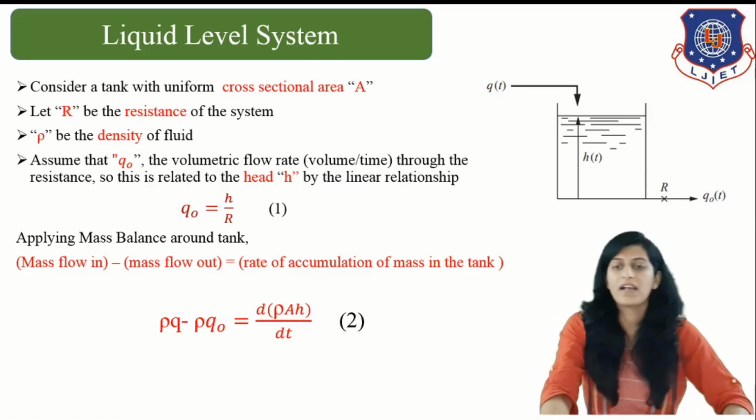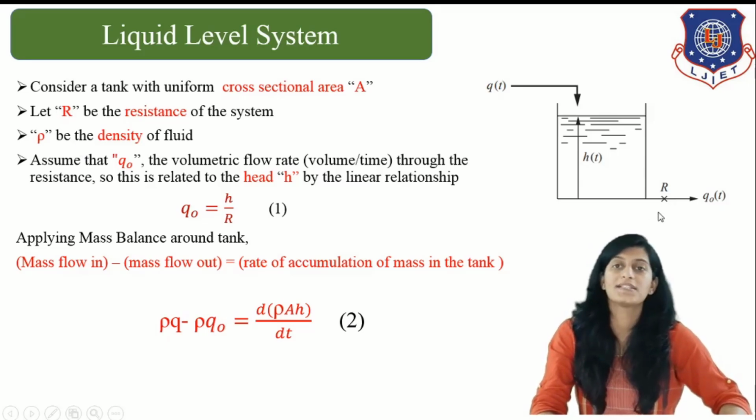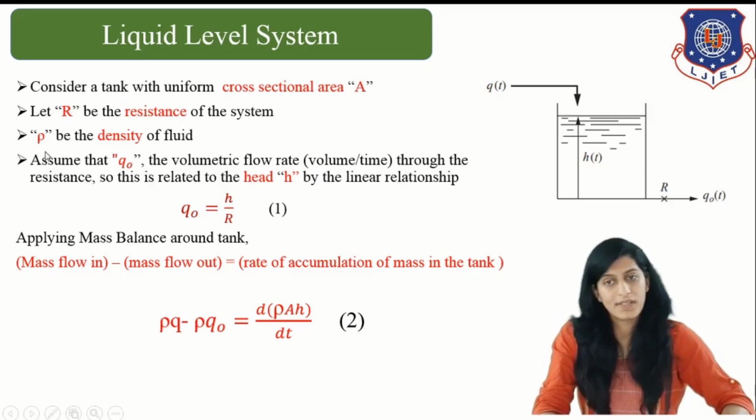So now we are considering that the cross sectional area of the tank is capital A. R is the resistance here, as you can see, which we are offering. The density of this fluid or liquid we are assuming as rho, right.